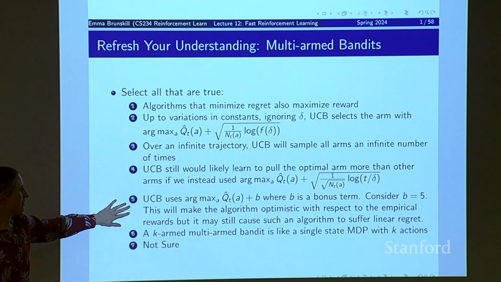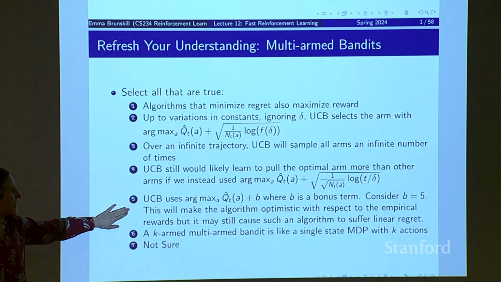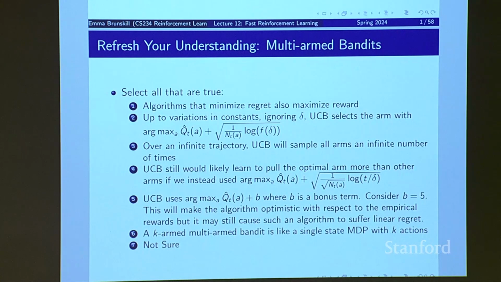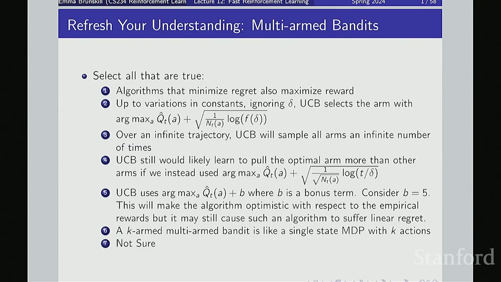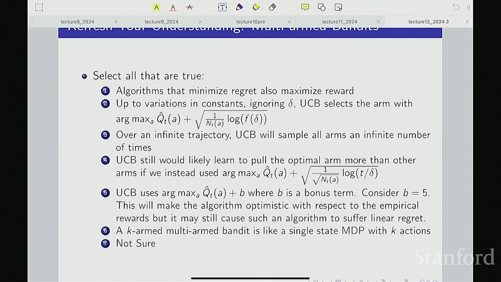Now, this was an interesting one. If we add this particular bonus term, will it make the algorithm optimistic with respect to the empirical rewards? Somebody want to say if we add on a bonus term, will it make it optimistic with respect to the empirical rewards?